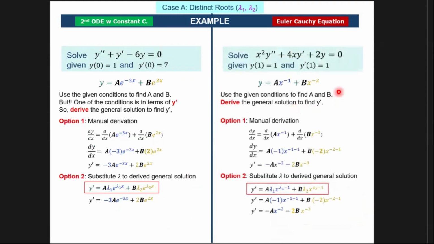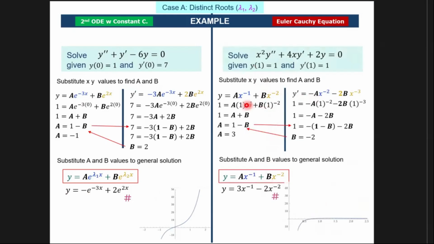Now, when you get this general equation, since the initial conditions are given, you have to do derivation to get y prime. So again, you have two options. You can do manual derivation, or you can substitute into the derived general solution that I have given in the previous slide. Both methods will give you the same answer.